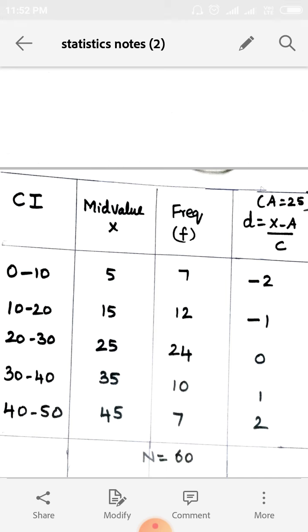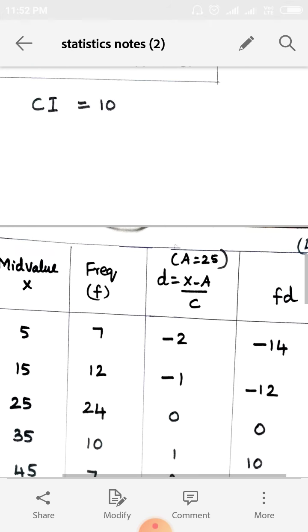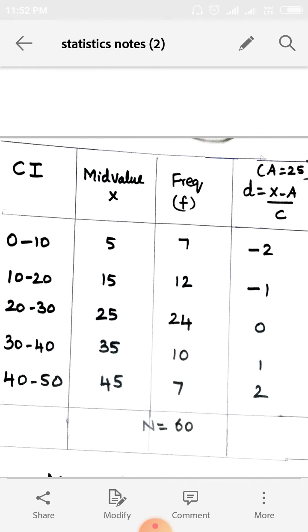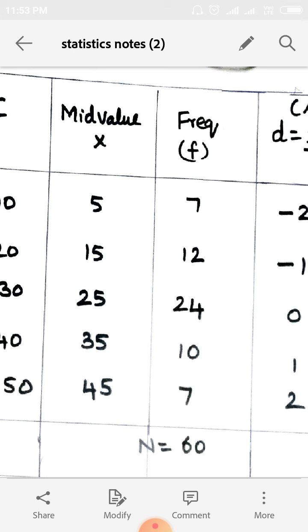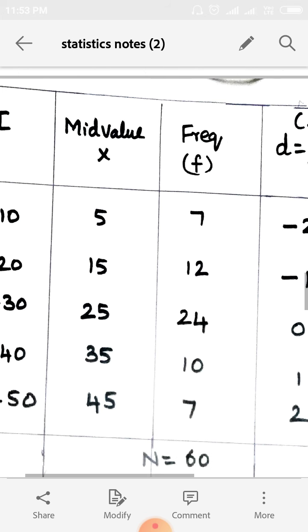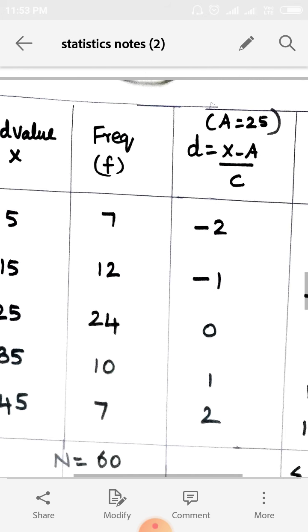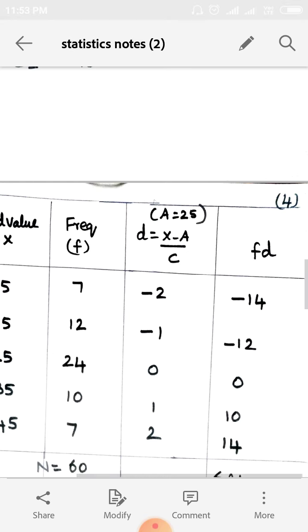In these 5 values, which is the middle value? 25. So consider 25. So 25 is the assumed mean a. Therefore, a is equal to 25.